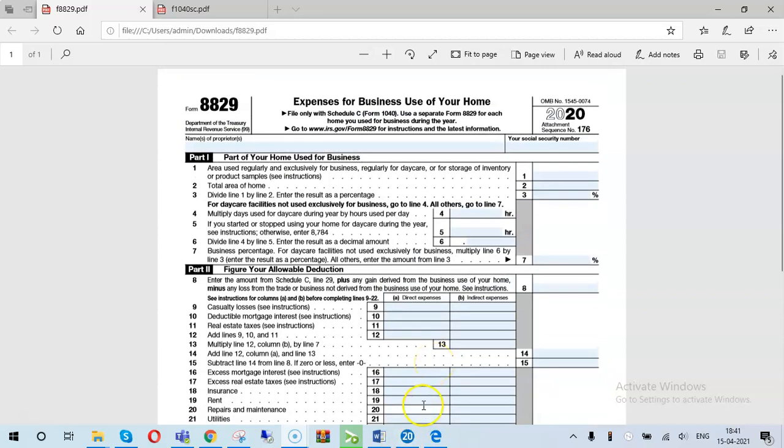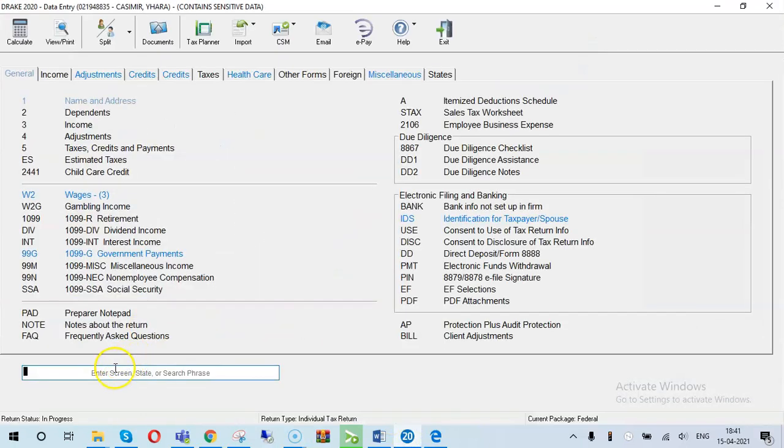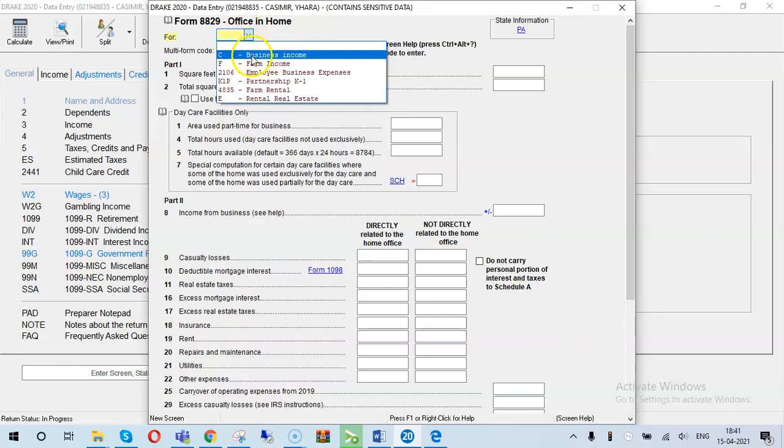Okay, now let's have a look at how it works in the software. See guys, you can see the Form 8829, expenses for business use of your home. Here you can see if it is used for business, farm, employee business expenses, partnership, farm rental, rental real estate.